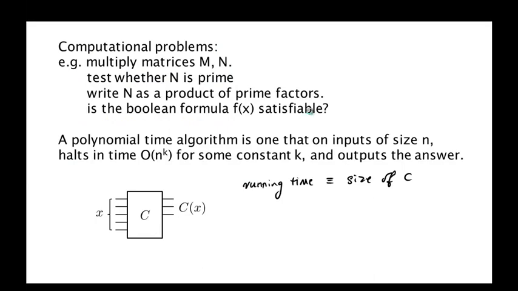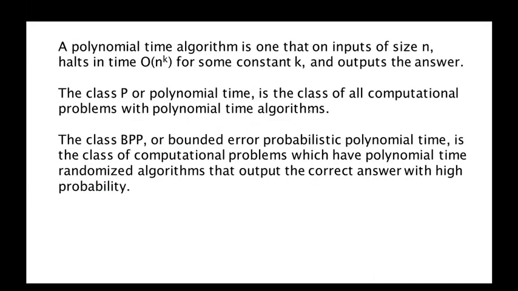What about primality testing? Well, primality testing comes very close to being in the class P. What it is in is the class BPP, which corresponds to polynomial time for a randomized algorithm. So here's what we mean by that. What we mean is that there's some circuit which takes as input x, but it also takes as input some random bits r.